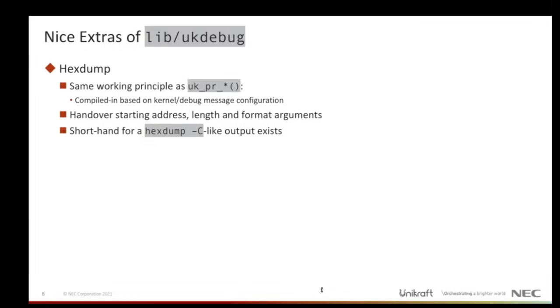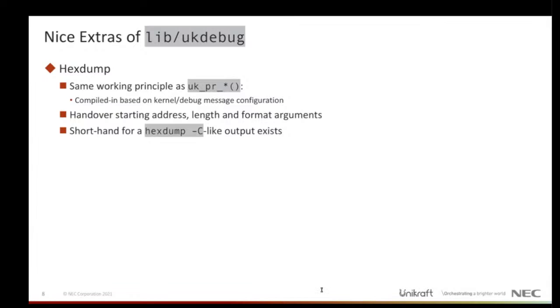Additionally, we have some nice extras in libukdebug regarding printing. We have a print function which is mimicking hexdump. It has roughly the same working principle as the UK print functions that you just saw. Like you can print one, you can print info. So they are also compiled in only based on the configuration that you can do for the kernel and debug messages.